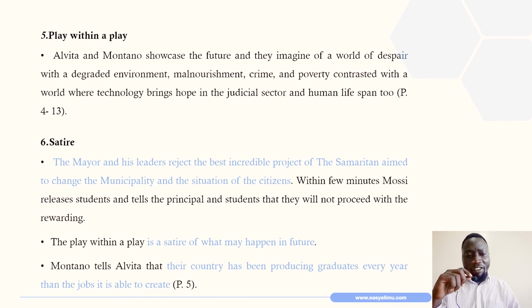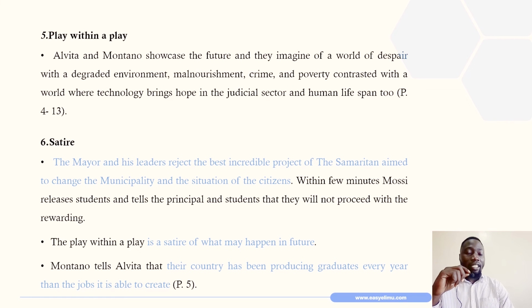So we also have a play within a play. In a play within a play, Alvita and Montano showcase the future and imagine a world of despair with a degraded environment, malnourishment, crime, and poverty, contrasted with a world where technology brings hope in the judicial sector and human lifespan too.